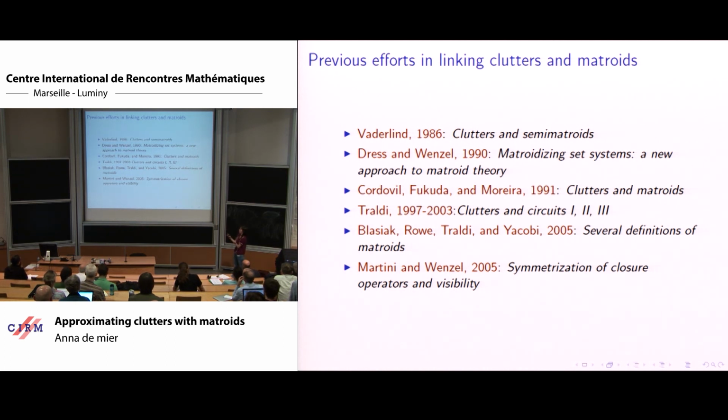All the rest are more about properties that clutters and matroids have in common, or how clutters behave like matroids in some sense. So there's been some interest in thinking about clutters and matroids together, but we couldn't find anything that could answer that question.